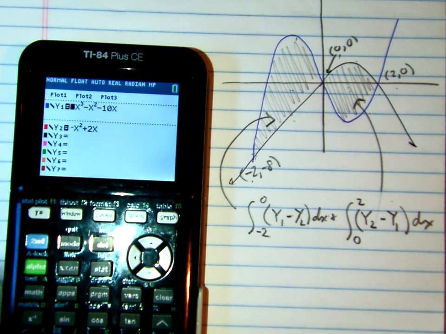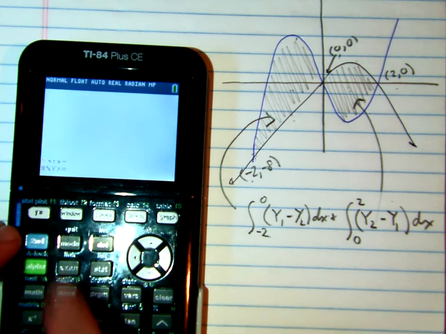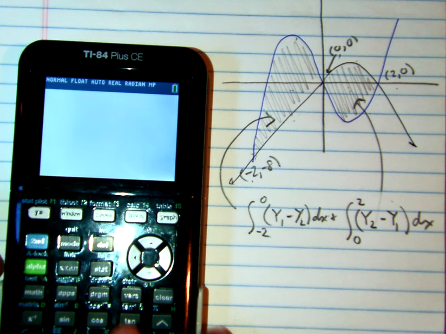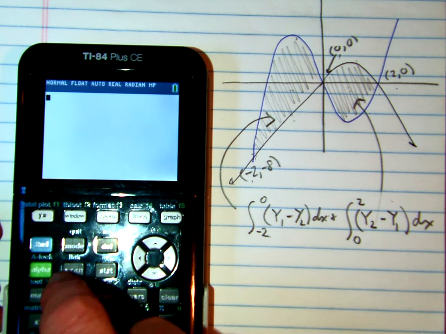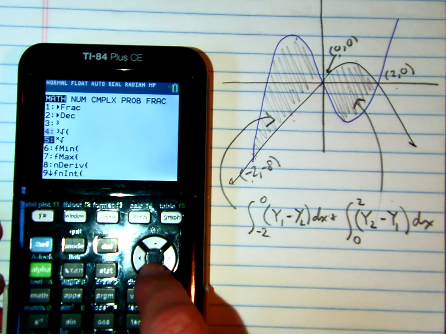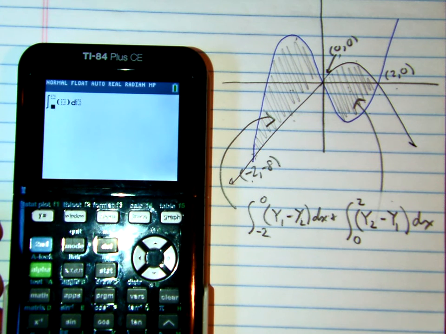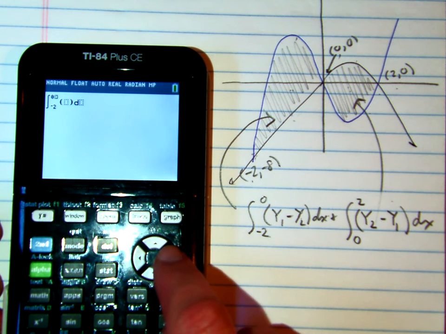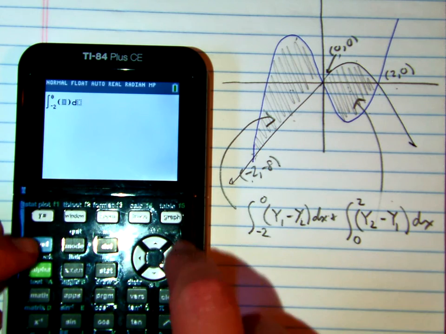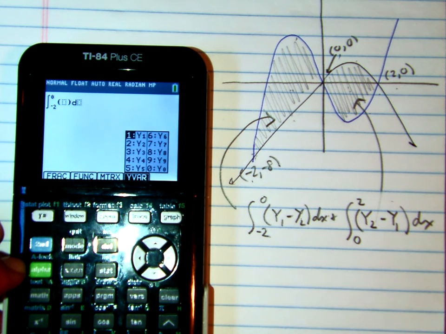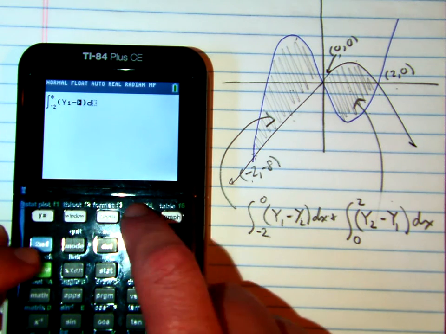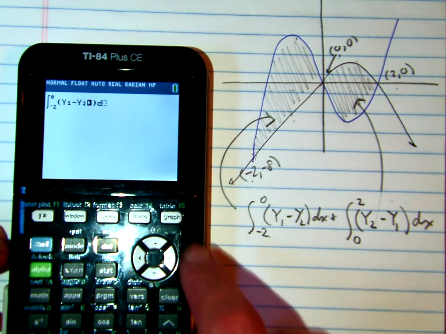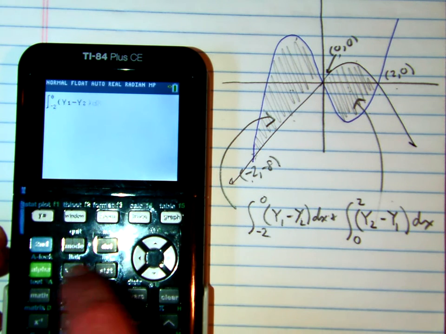So going through those keystrokes, I quit out of the graph screen to get to the home screen. Math. Set up our first integral. That's going from -2 to 0. And that is going to be y1 minus y2 with respect to x.